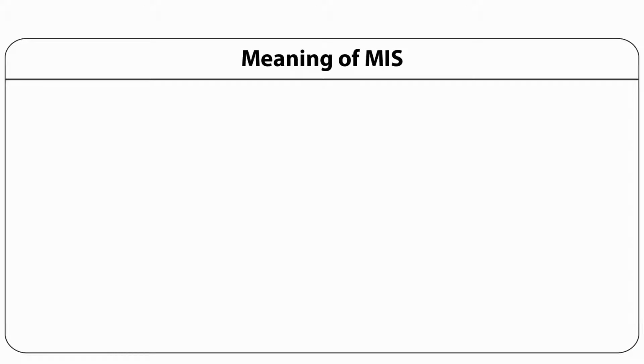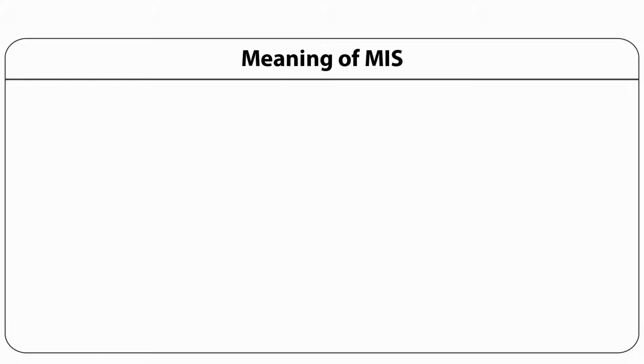On the other hand, when we say management of information system, it is managing the various activities of the information system.